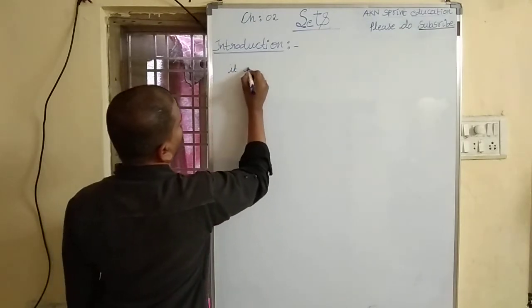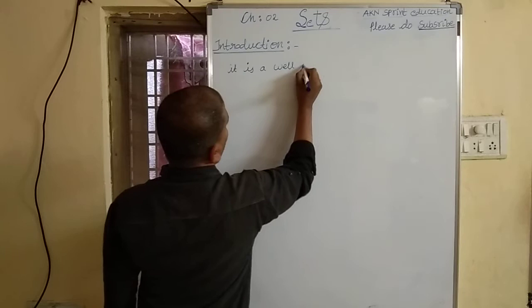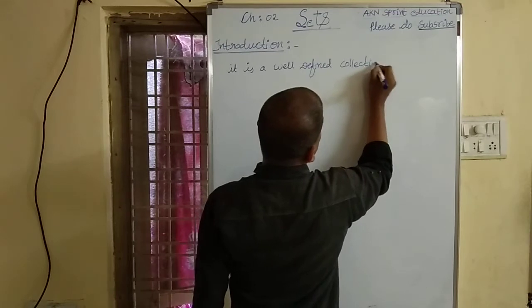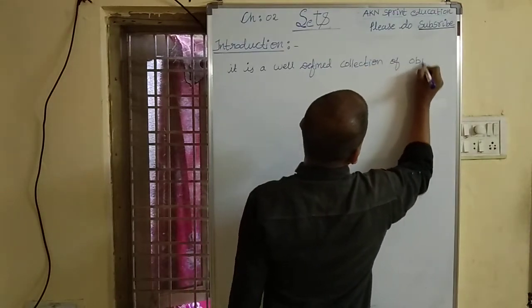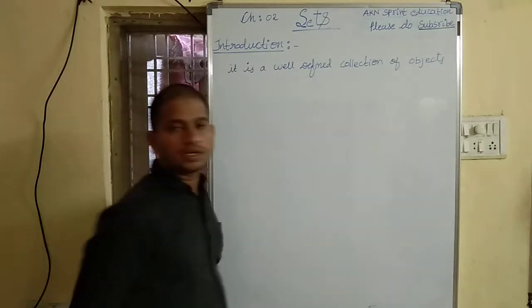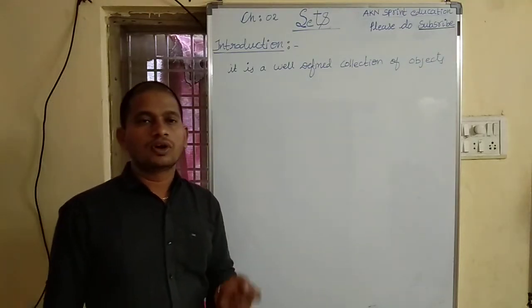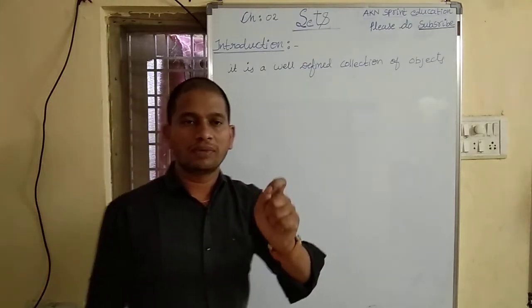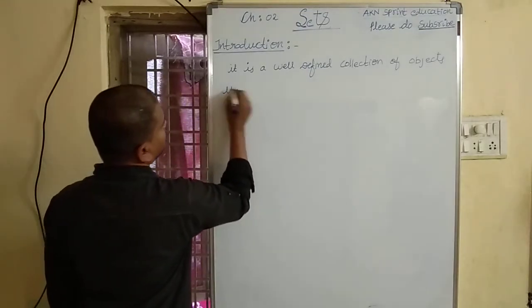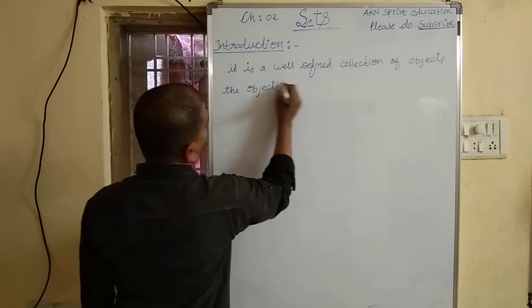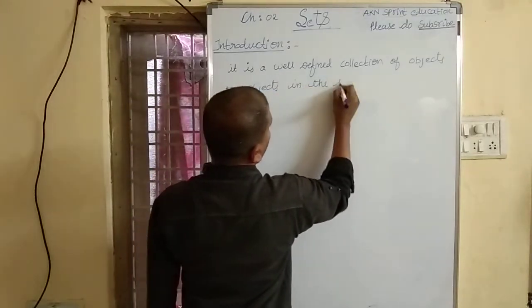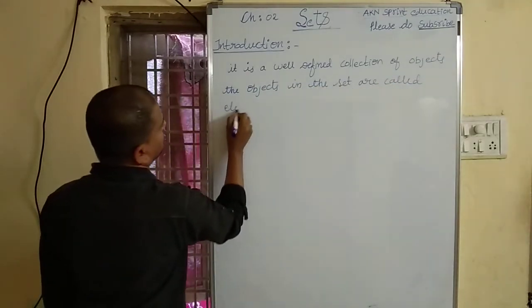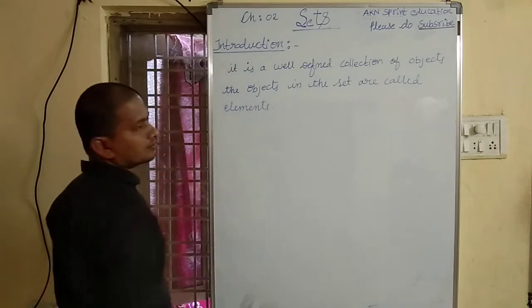It is a well-defined collection of objects, and the objects in the set are called elements.